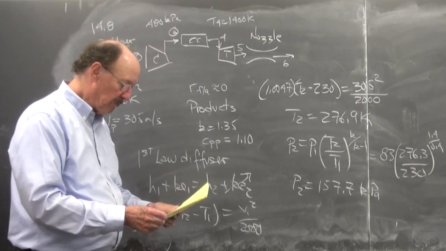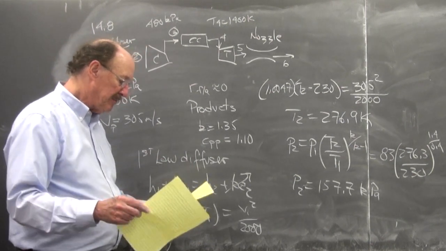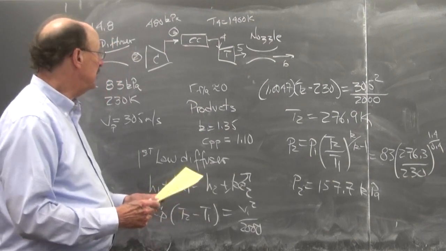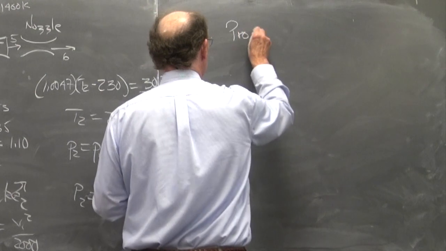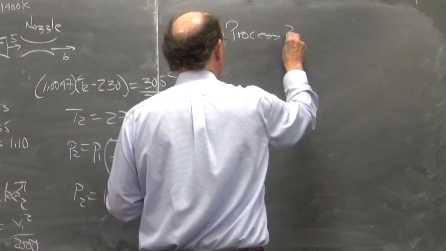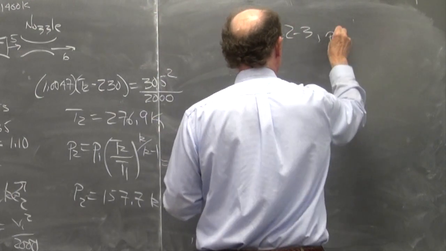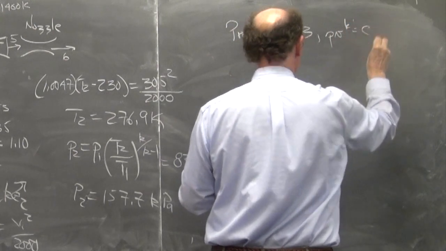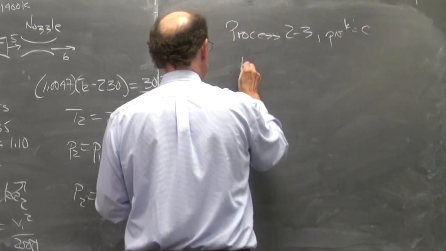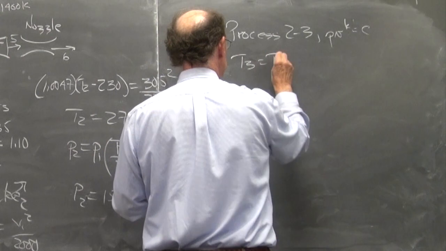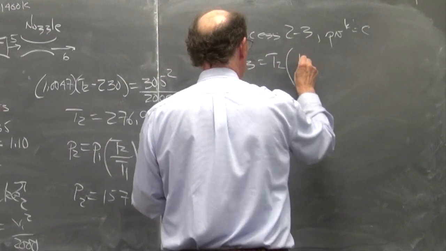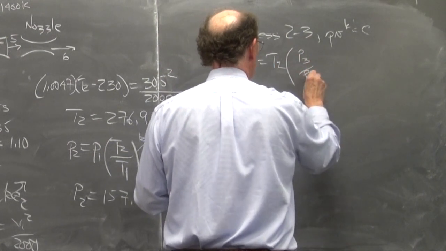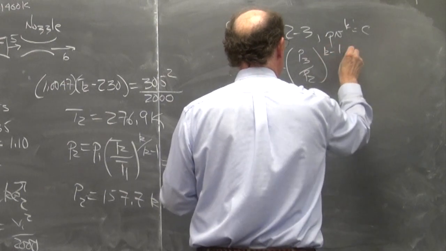Now I'm going to compress that isentropically through the compressor from state 2 to state 3. Pv to the k is a constant. So I have that T3 is equal to T2 times (P3 over P2) to the k minus 1 over k.